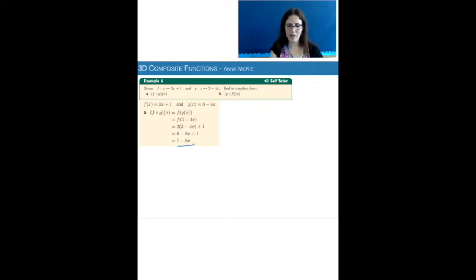Doing the other one, I would write g of f of x, close two brackets. Then our f of x function is 2x plus 1. And then I'm now going to substitute that 2x plus 1 into the g function, which is 3 take 4x.